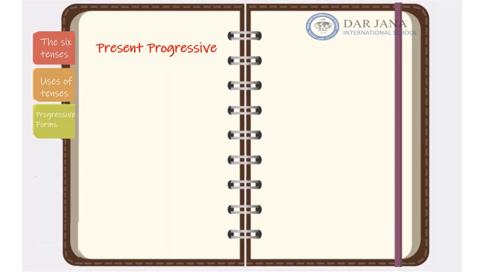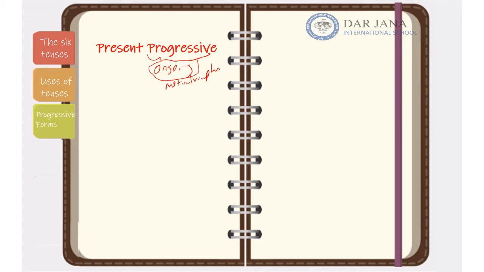Now let's move on to the progressive forms. We're done with the 6 basic forms. Progressive forms are actually sort of an extension to the 6 basic forms. The difference between them is that in the progressive one, we focus on the ongoing action, that the action is not interrupted.